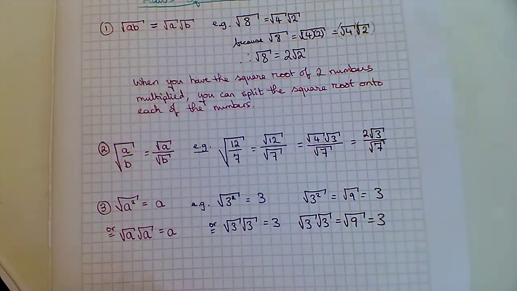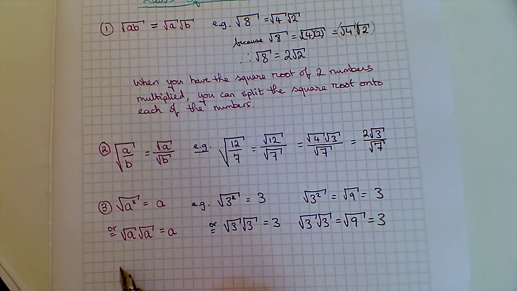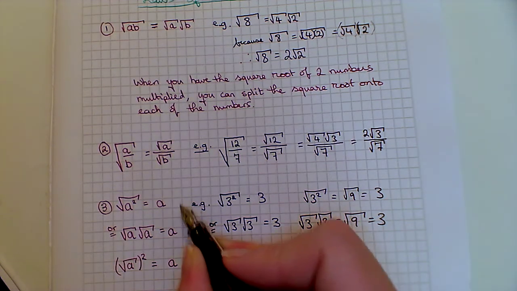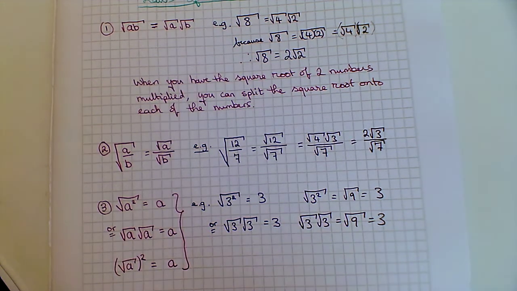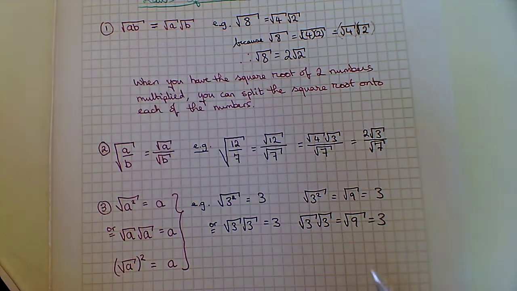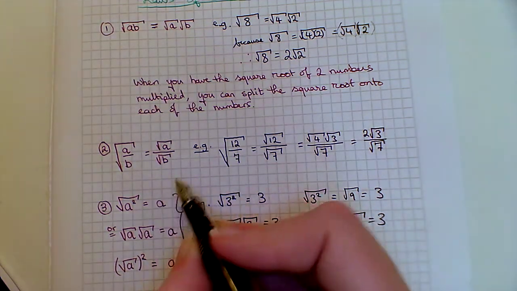Okay, there's another format that this might come in that's useful to note. You can put the squared sign outside the square root, and that is the same thing as well. So these are 3 ways of writing the same third law. Some words on each of these.